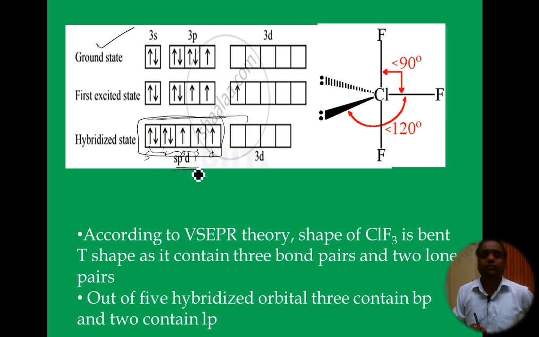And generally the geometry of sp3d hybrid orbitals is trigonal bipyramidal. So two fluorine will be on the axial positions of this pyramid, and one fluorine will be at the equatorial position.